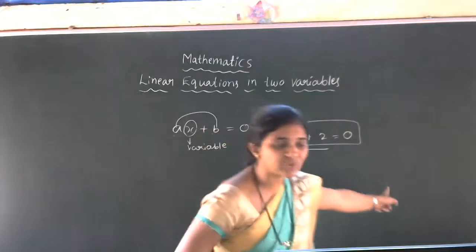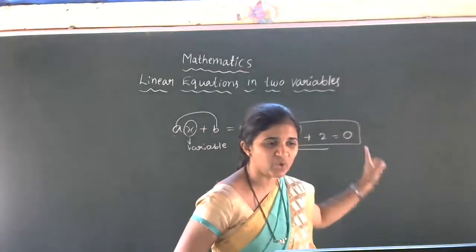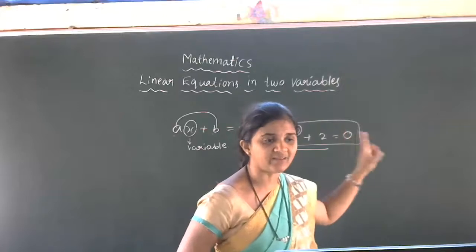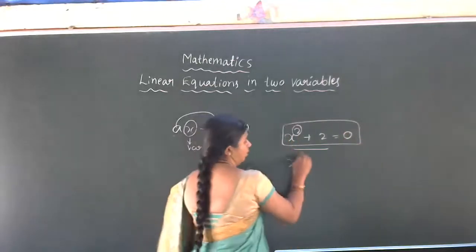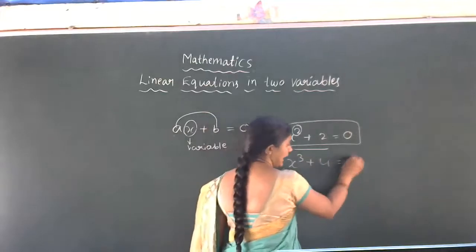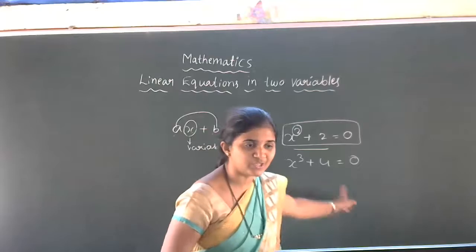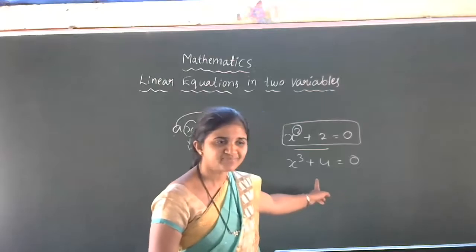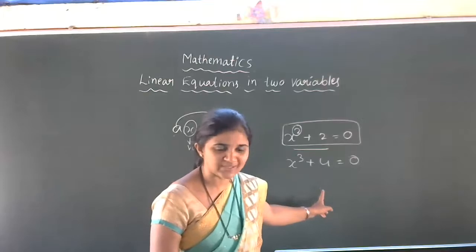You are going to study this in 10th standard; you have one chapter on quadratic equations. Now, x cube plus 4 is equal to 0. This equation is called a cubic equation. You all know this is a cubic equation.